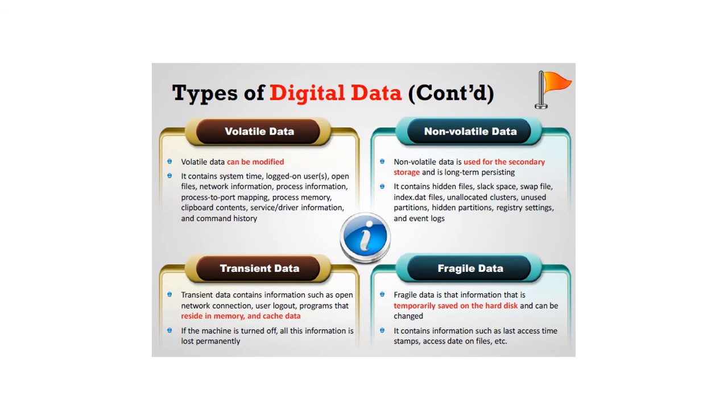So transient data is a type of volatile data. Then we have what we call fragile data. Fragile data is information that is temporarily saved on the hard disk and can be changed. It contains information such as last access time stamps, access date on files, etc.